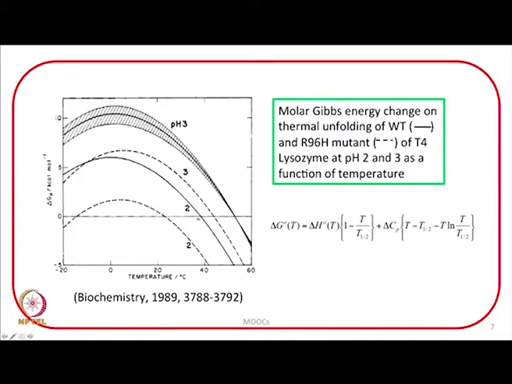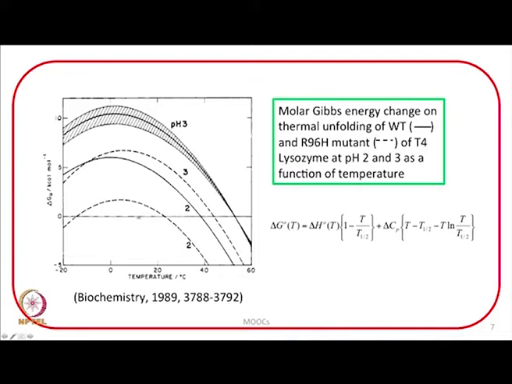Wherever this line crosses the delta G naught curve, that should be the transition temperature. So at pH 2 for the mutant the transition temperature is this. For the wild type T4 lysozyme at pH 2 the transition temperature is this. At pH 3 for the mutant the transition temperature is this, and for the wild type at pH 3 the transition temperature is this.